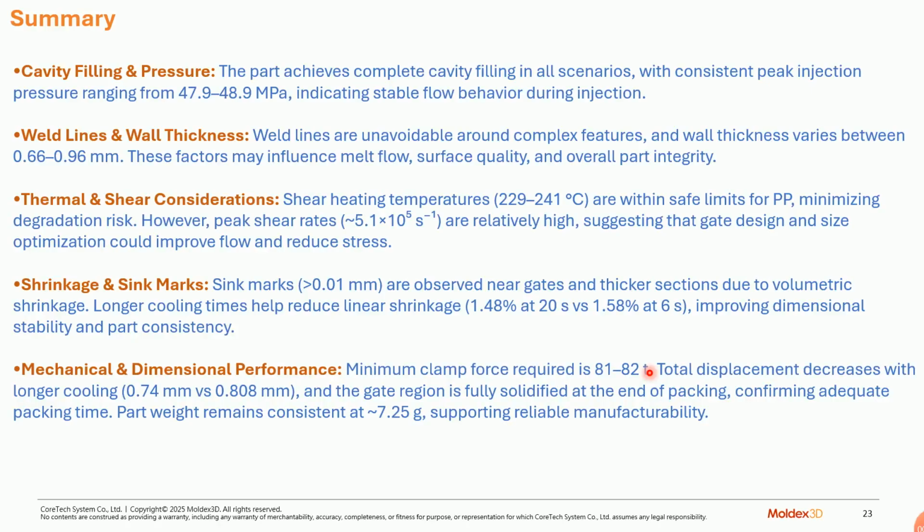So accordingly, the customer has to select the molding machine to avoid challenges during the molding cycle. While checking the shrinkage and warpage, the shorter cooling, 6 seconds, shows 0.8 millimeter as the displacement, whereas the longer cooling, 20 seconds, shows 0.74 millimeter. And for part weight, for all the scenarios, the part weight seems to be 7.25 grams.